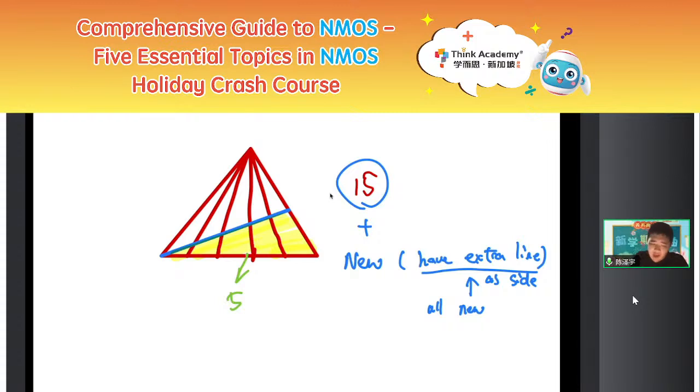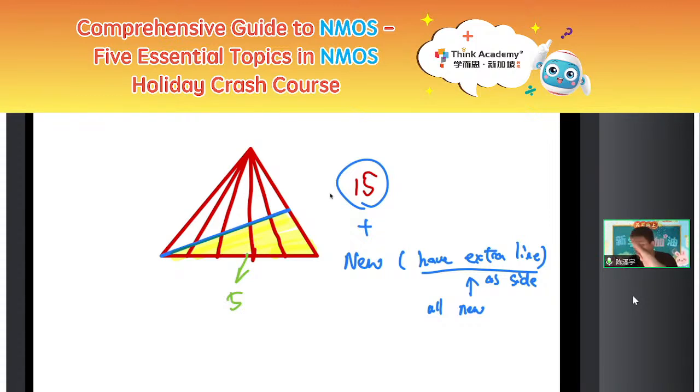But now if I look at the top part, how many new triangles do I get here? So actually it's 15 again. Why? Because if you look at this part, cover the bottom part with your hand.